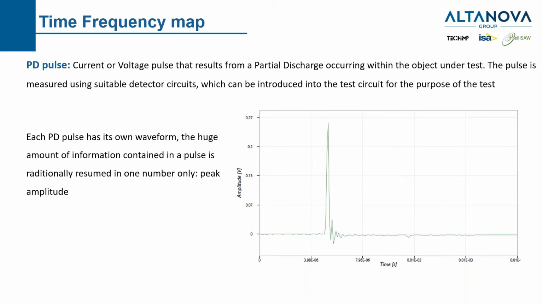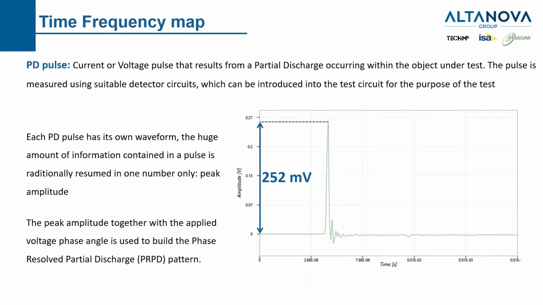But normally what is done by most of the detectors as the first thing is to acquire the peak of the pulse. The peak of the pulse, which can be measured in millivolt or in picocoulomb, depending on the application and the technology, will be displayed in what is normally called the phase resolved PD pattern, where the pulse is plotted related to the applied voltage phase angle.